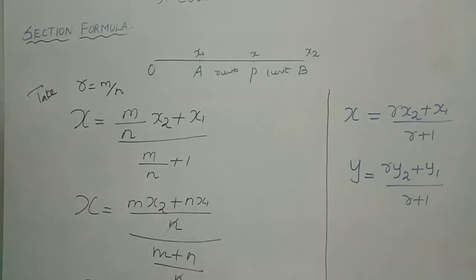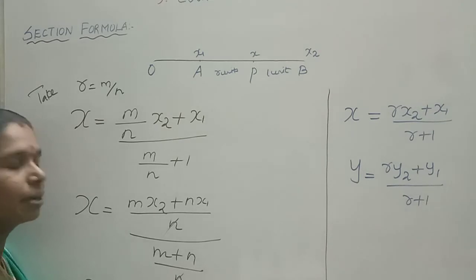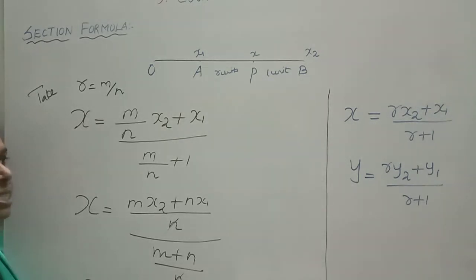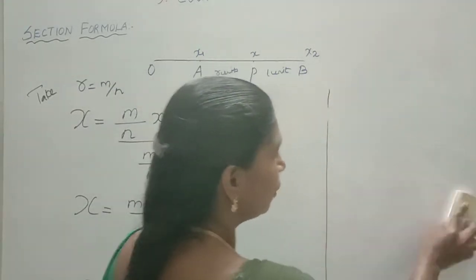Understand the section formula? If the line segment is divided in the ratio m is to n, you get x is equal to mx2 plus nx1 by m plus n, and y is equal to my2 plus ny1 by m plus n. This is the section formula. We have to keep this in mind and memorize it for doing the sums.